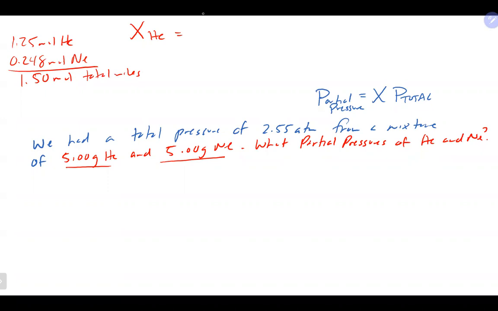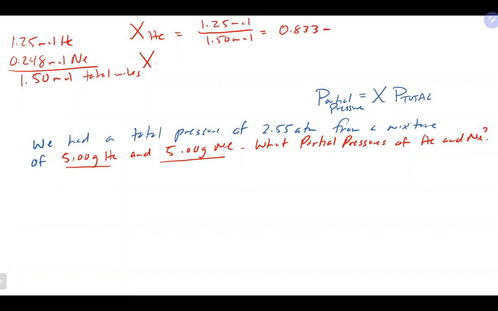So the mole fraction of helium would be helium's moles, which is 1.25, divided by the total moles, which is 1.5. And that would get us about 0.833, just a number, no units.